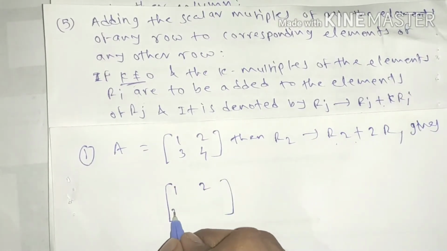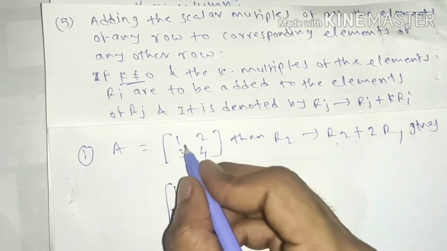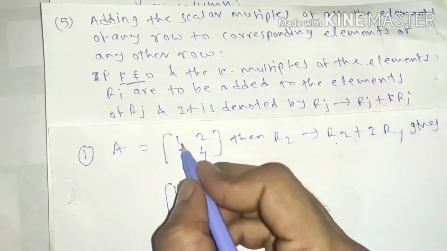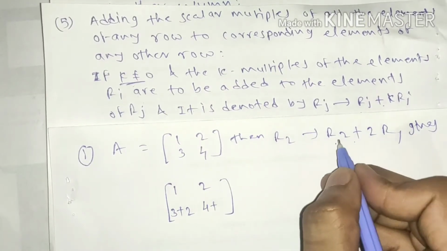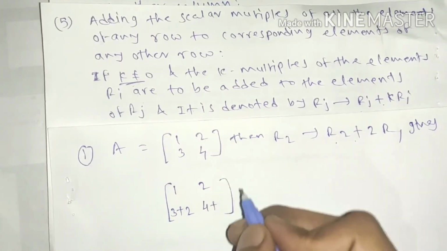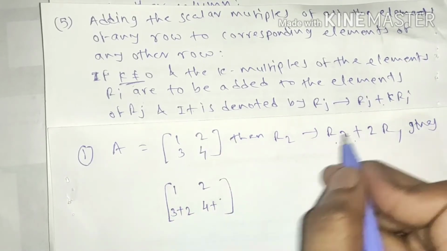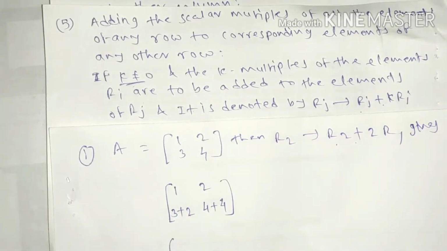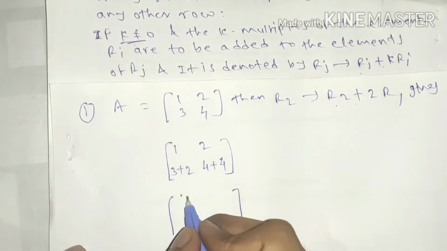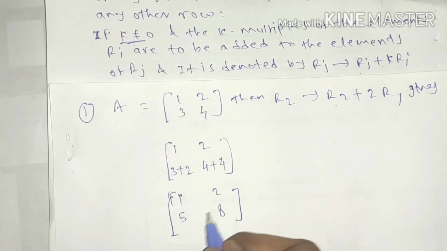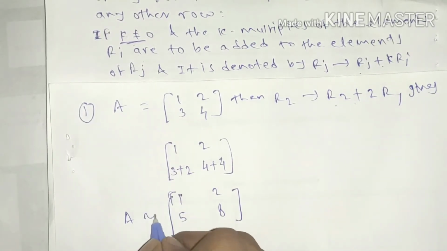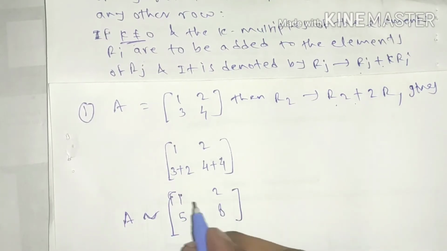So, 3 plus 2 into 1 is 2, and 4 plus 2 into 2 is 4, it is 1 2 5 8. So, the new matrix is 1 2 5 8, and we say the given matrix A is equivalent to 1 2 5 8. See one more example.